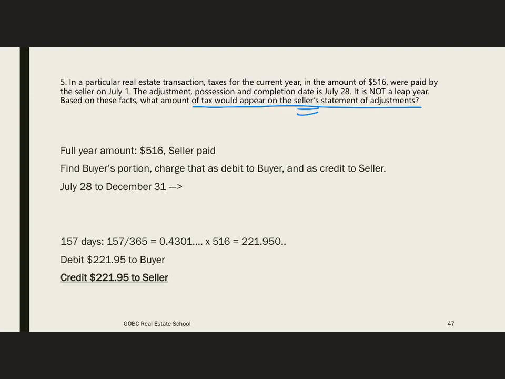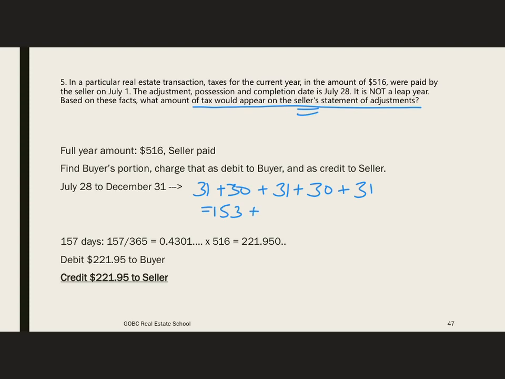So this one is exactly the same calculation that we did in the previous question. So the full amount is $516. The seller paid. The buyer's portion, we would charge that as a debit to the buyer and credit the seller. So you find out the days. So again, 31 in December, 30 in November, 31 in October, 30 in September, and 31 in August is your 153 days.